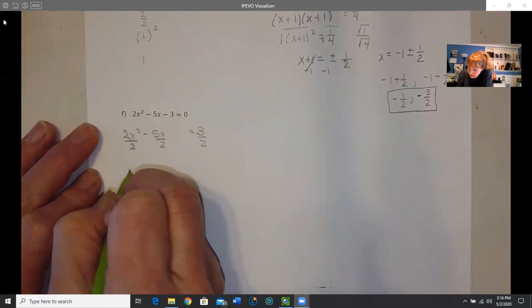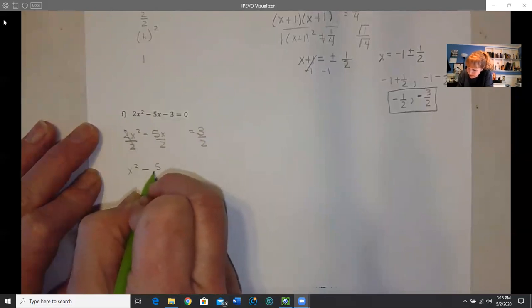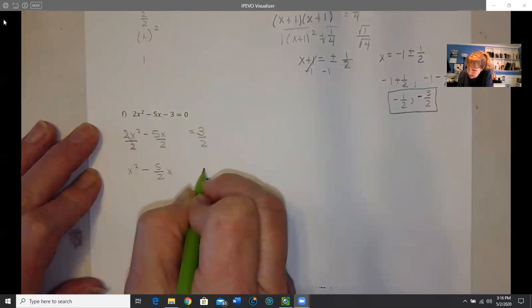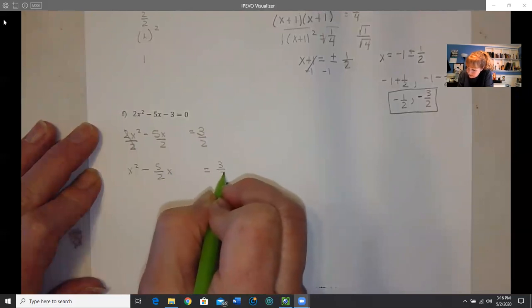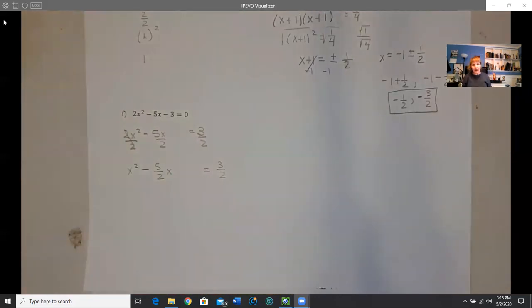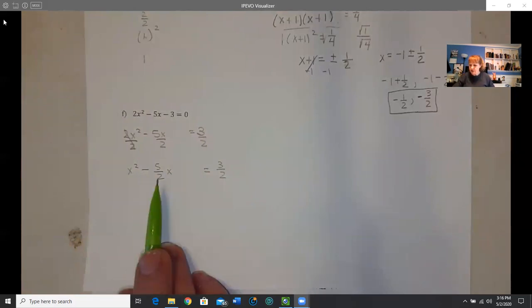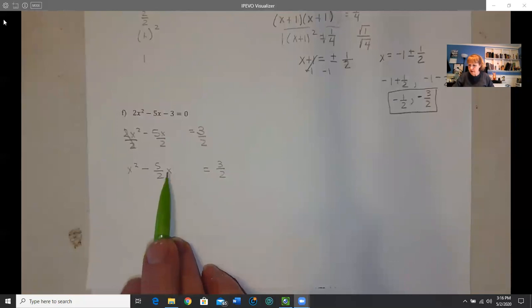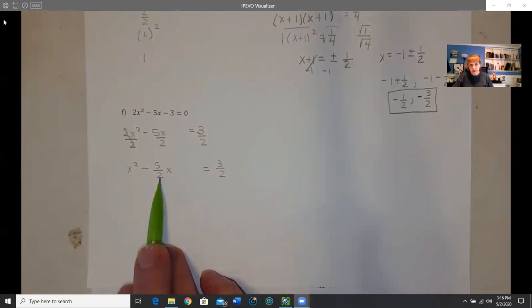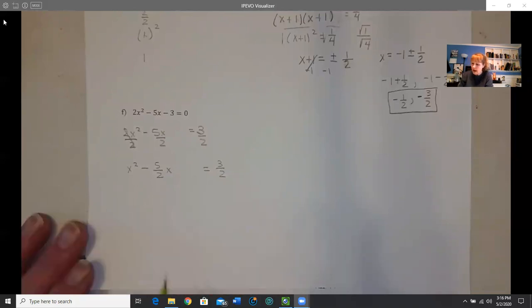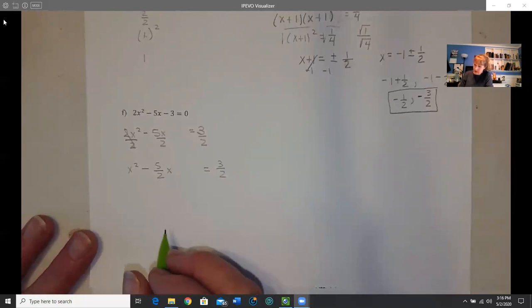X squared minus 5/2 x equals 3/2. So it looks like we've got some fractions to deal with, but it won't be too bad. So taking the coefficient of the x to the first term, rather than divide by 2, I'm going to multiply by 1/2.